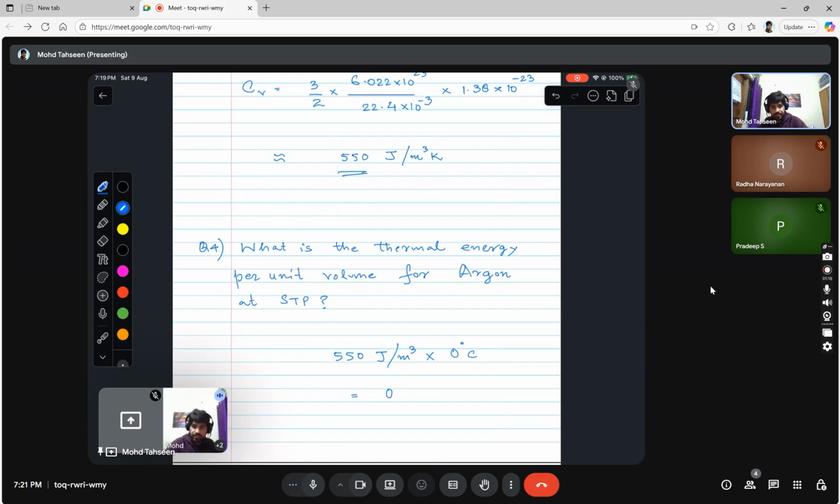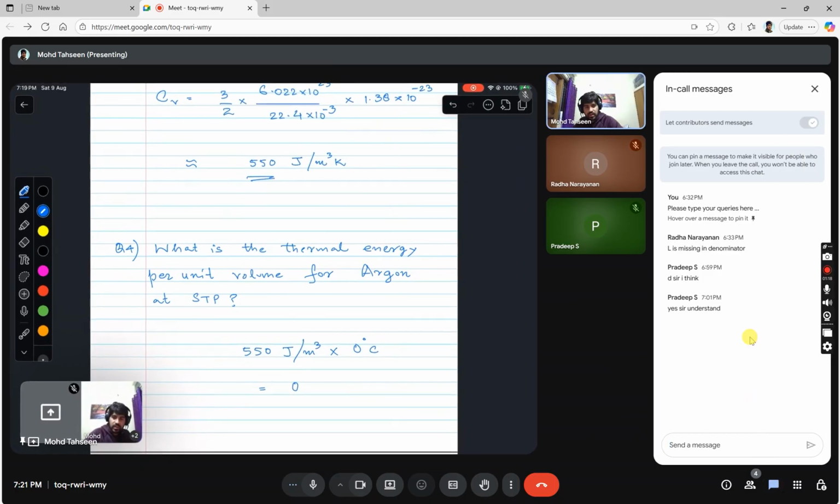Is it correct? Have I done the correct calculation here? Will the energy density be 0? Does it make sense for energy density to be 0? Yes, Radha.